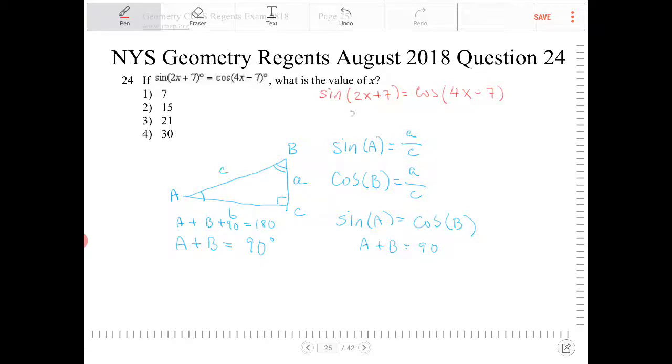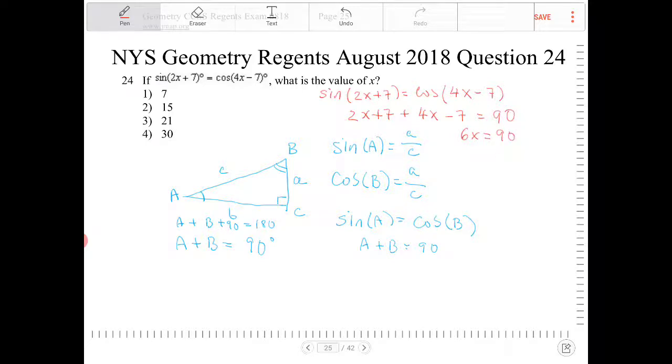So we have to say 2x plus 7 plus 4x minus 7, those two expressions must add up to 90. If I combine like terms, 2x and 4x, 7 and negative 7, I get 6x is equal to 90.